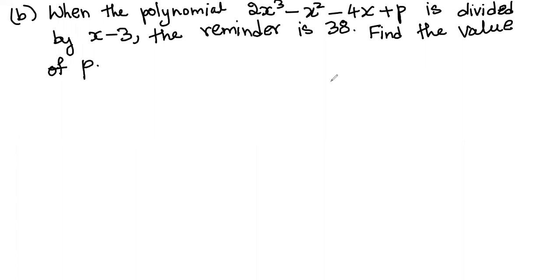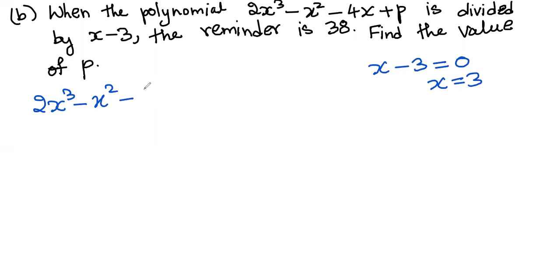According to the remainder theorem, we have x minus 3 equal to 0, so we have x equal to 3. That means we have to replace x by 3 in the cubic function given here. We have 2x cubed minus x squared minus 4x plus p equal to 38, because there is a remainder 38.